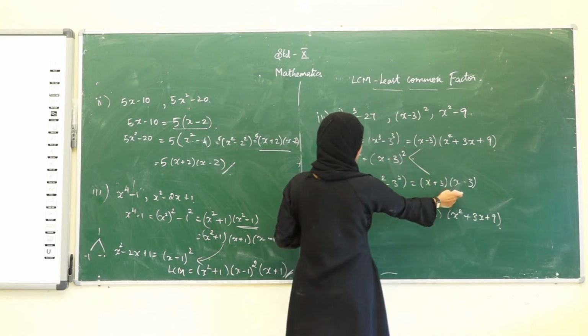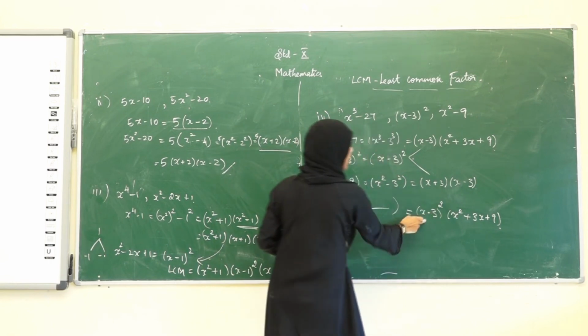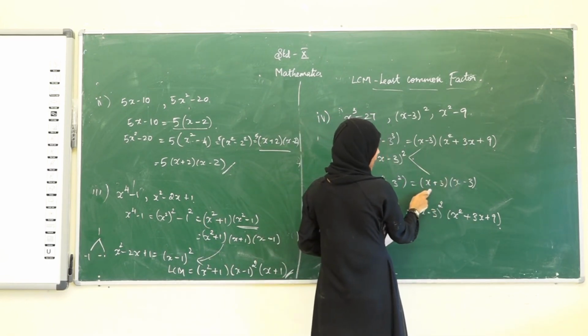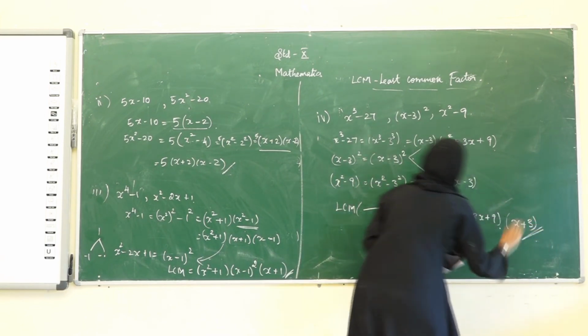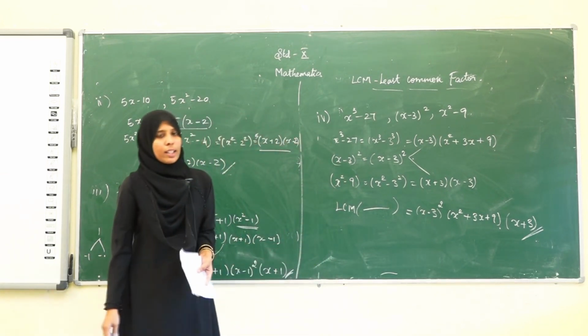See, here x minus 3 is there, here also x minus 3, but here x minus 3 the whole square. So we get x minus 3 the whole square into this term, and we have one more term left, that is x plus 3. This is the LCM of the given 3 polynomials. Okay, hope you understand. Thank you.